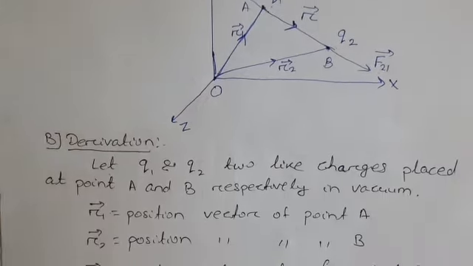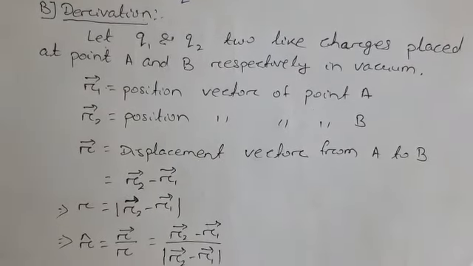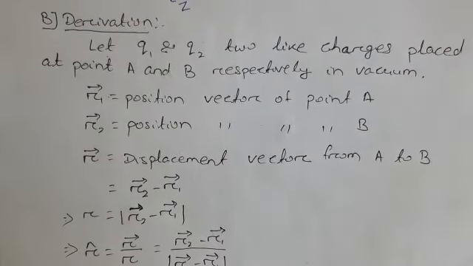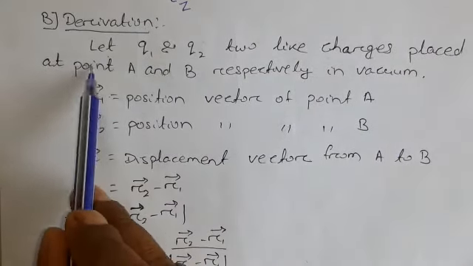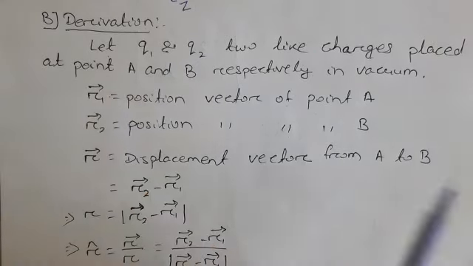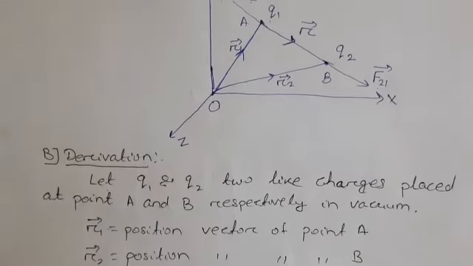Now going to the derivation part. Let Q1 and Q2 be two like charges placed at points A and B respectively in vacuum. I have taken vacuum because I will use epsilon naught.